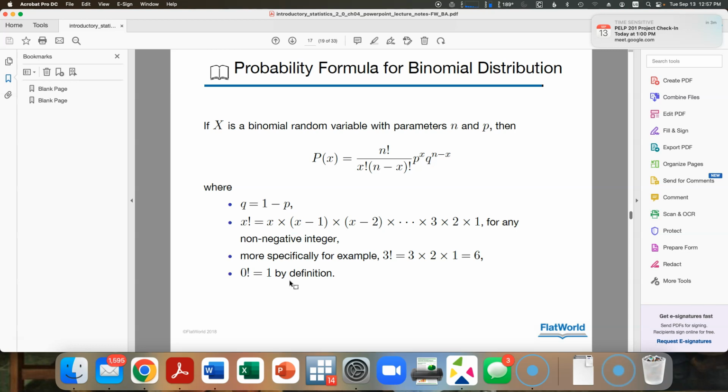So whatever your number is, let's say it's 5, then it would be 5 times 4 times 3 times 2 times 1. So n factorial over x factorial, where x factorial would be whatever your integer is, again multiplying it out. And then in parentheses here, you would just take n minus x and take the factorial of that.